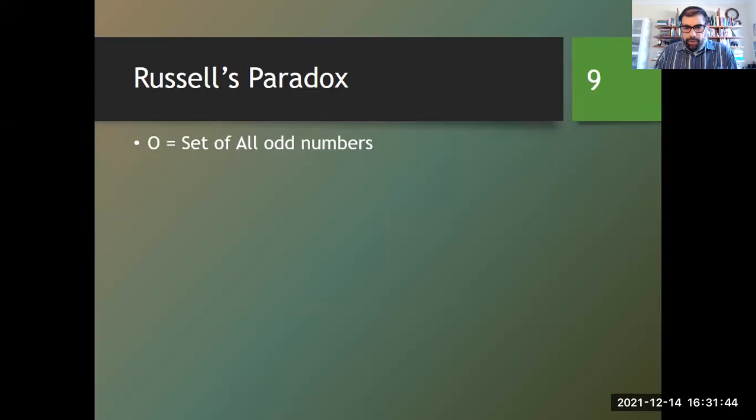Call the set of all odd numbers as O. So is this clear to all of you? What is O? Yes, sir. O is the set of all odd numbers, right? E is a set of all even numbers. Is this clear to all of you? Yes, sir.